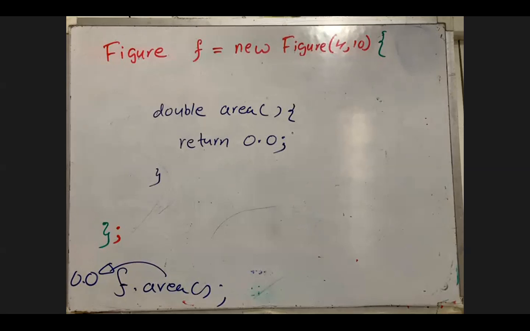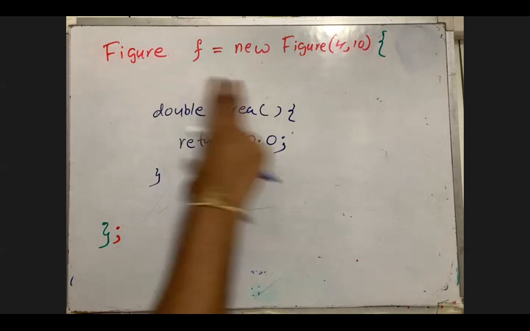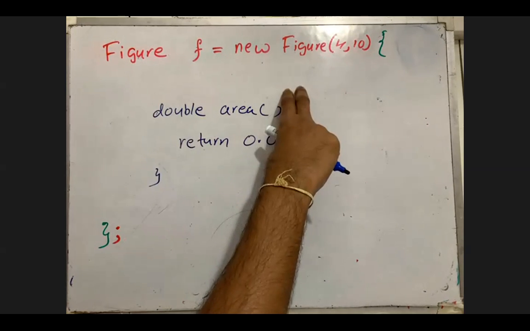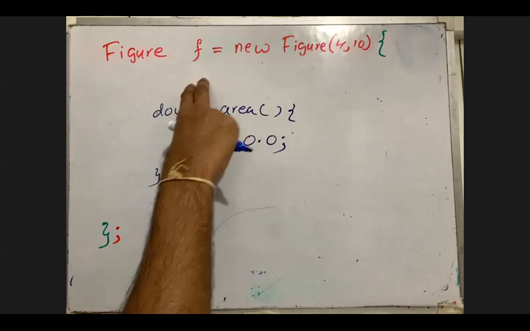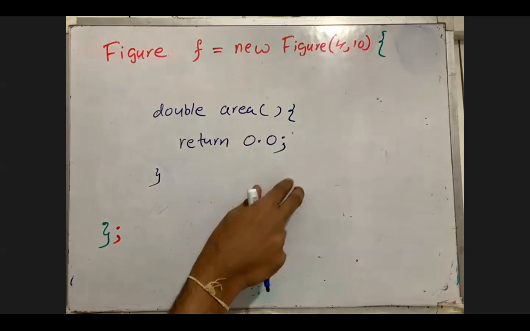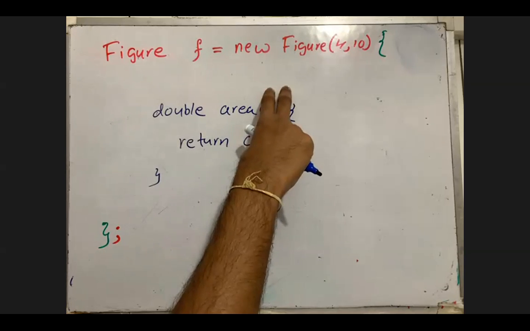So we call this one by a special name. Does anyone know this special name? This kind of implementation? So actually, if you need to implement this one, what you have to do is create a subclass and implement this one.